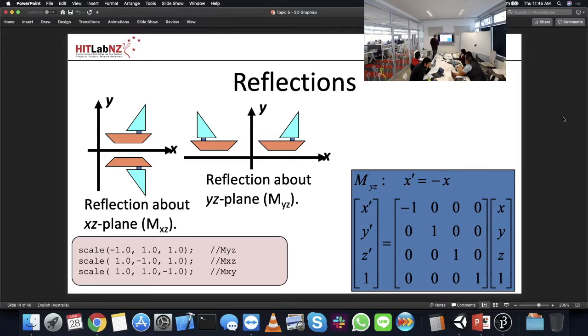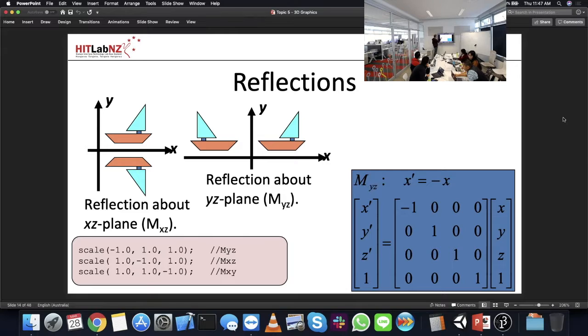So here are some reflections. If we want to flip around a certain plane, so if this is X and Y and Z out towards us, rotating around a plane which is formed by the X and the Z, so this plane here, kind of like the desktop, what we would do is multiply by -1 in the y-axis.